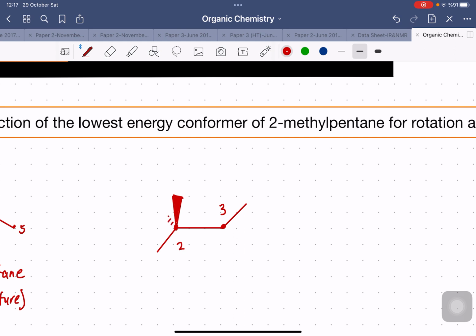The other bond is looking the backside. On this carbon, on the number 3 carbon atom, again one bond is looking at me, the other bond is looking away from me.